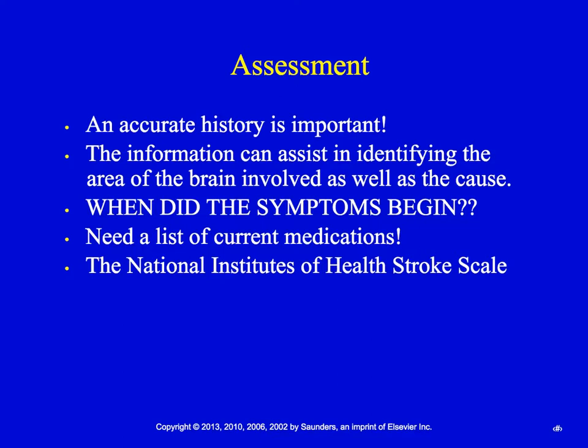So review that NIH stroke scale. The patient is scored from 0 to 40, 0 being no neurologic deficits, and 40 being the most deficits. The American Heart Association website talks about stroke as well, and it can help you understand the NIH scale further if you need more understanding of it.